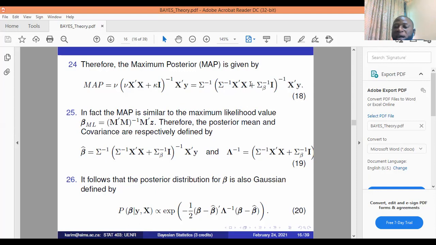The only difference is that we have plus this guy here. And that is because we have the prior information. Otherwise, it would have been only this part and then your variance and your XY. But because we have the posterior, that's why we have the posterior variance coming in here. And then remember, it's X transpose X inverse multiplied by X transpose Y.